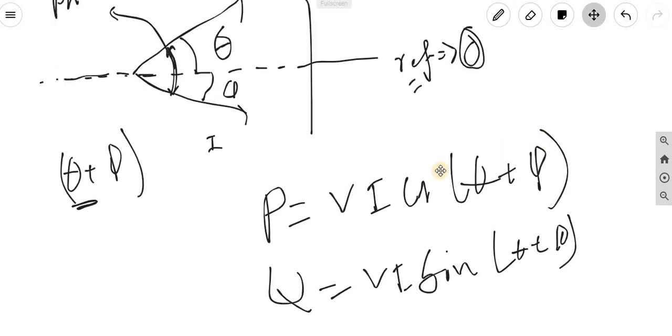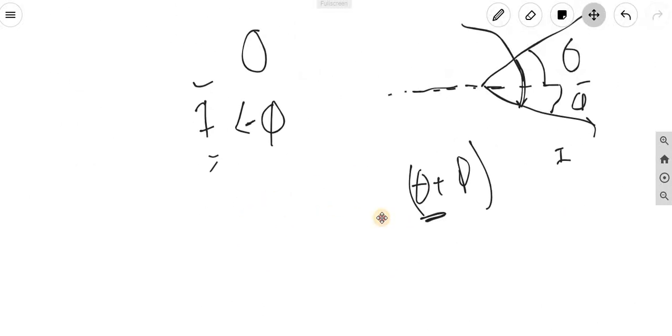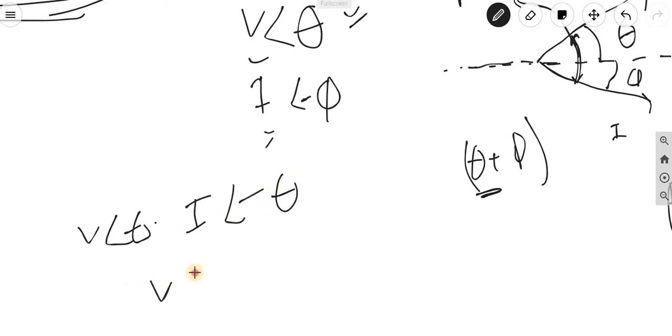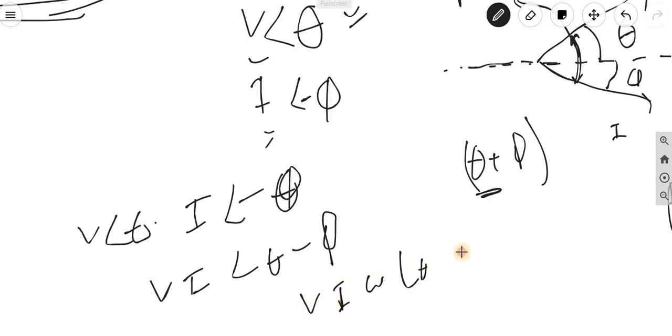But if you simply multiply the expressions without any operation, you would get two components: Vi cos of theta minus phi plus j sin of theta minus phi.